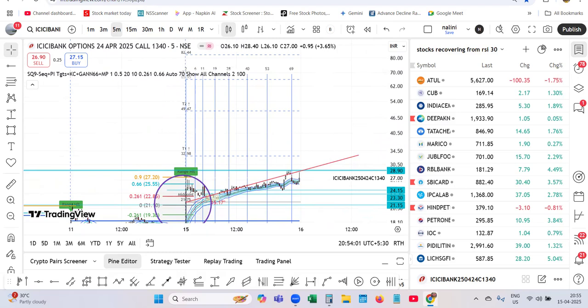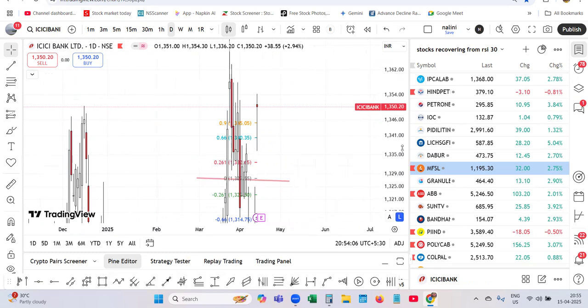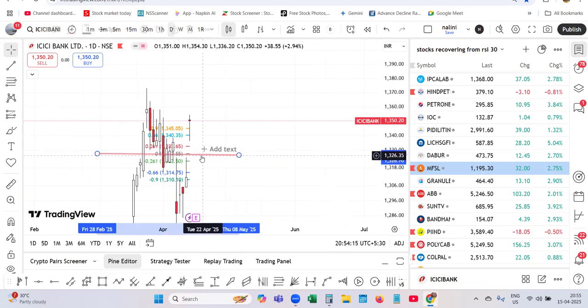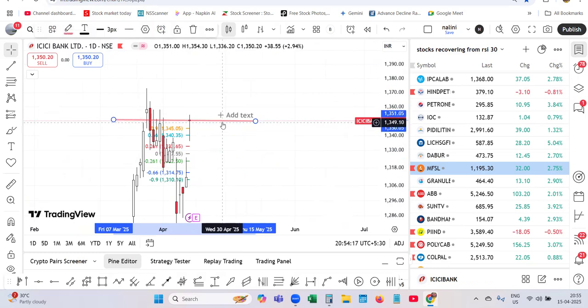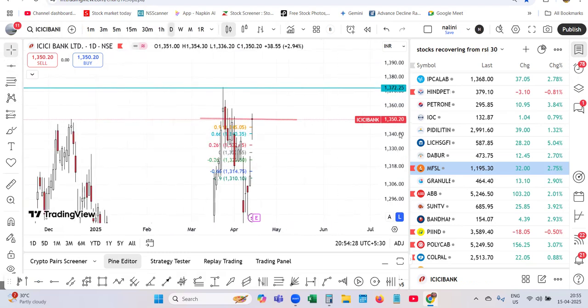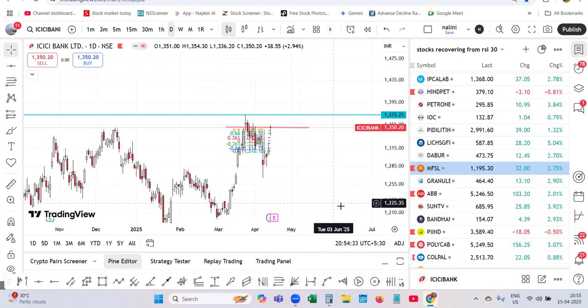If we go to the underlying chart, let us see the thing in the market. Since it has corrected over here, it is a long leg doji, so probably it can rally tomorrow also. If it rallies, it can go up to 1373, and it will be crossing the all-time high.